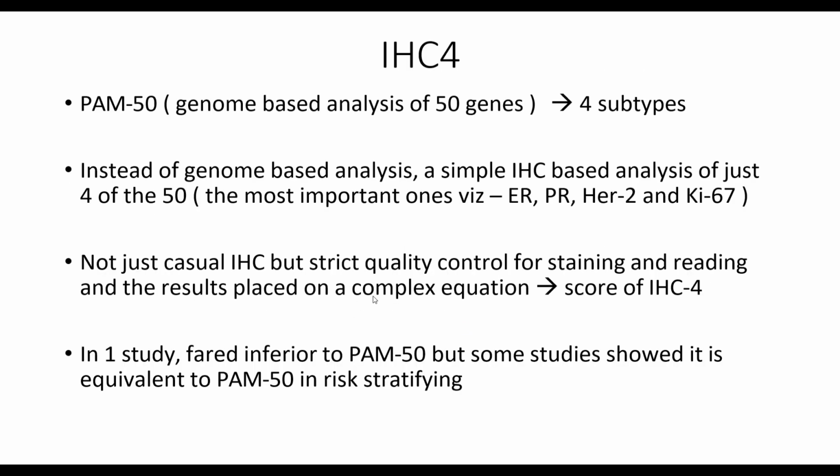So, what IHC4 did was, instead of a genomic analysis of 50 genes to divide into four subtypes, this is a simple immunohistochemistry based test of just four parameters: estrogen receptor, progesterone receptor, HER2, and Ki67. But it cannot be just a casual IHC which is done in any laboratory.